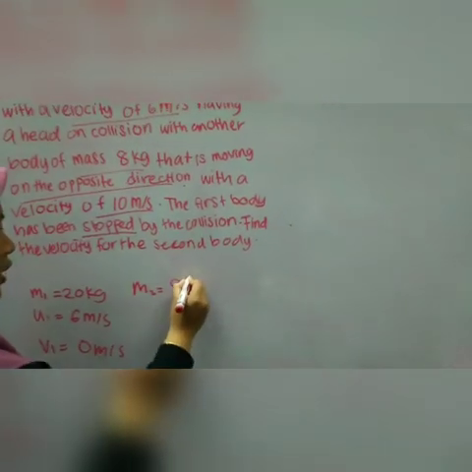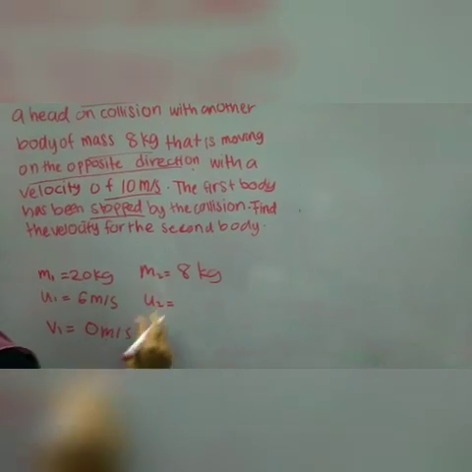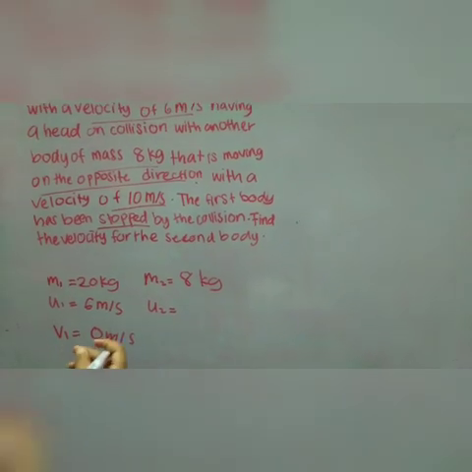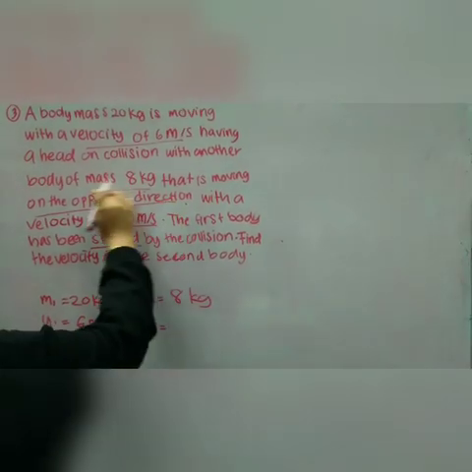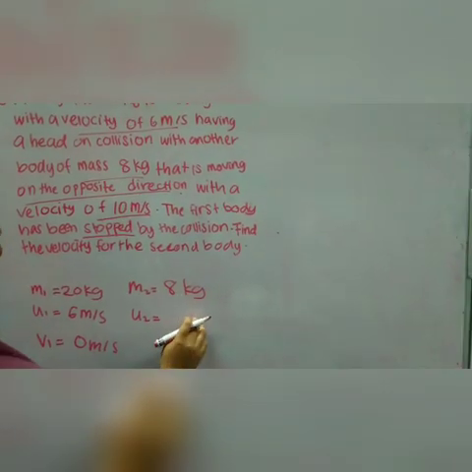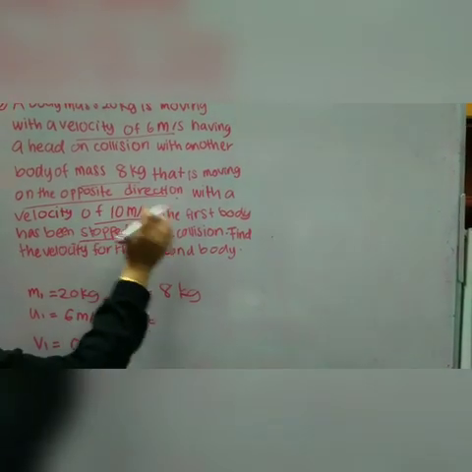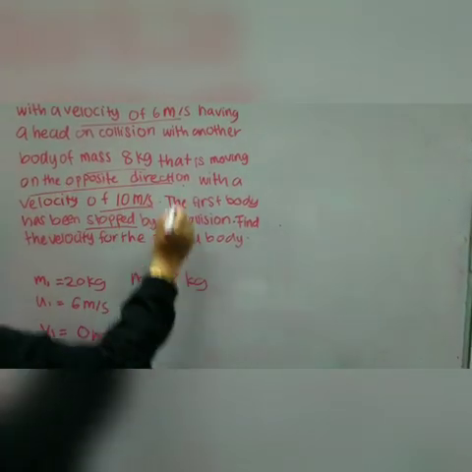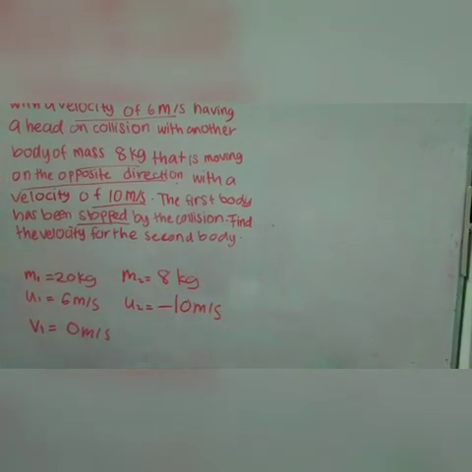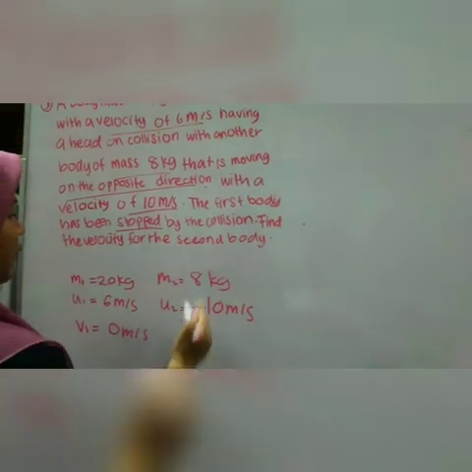U2, the initial velocity for the second body, is 10 meter per second, but we need to put the negative sign because of the opposite direction. So negative 10 meter per second.